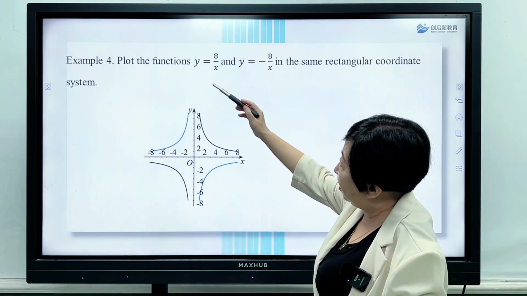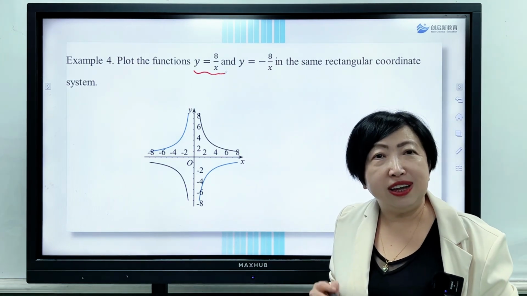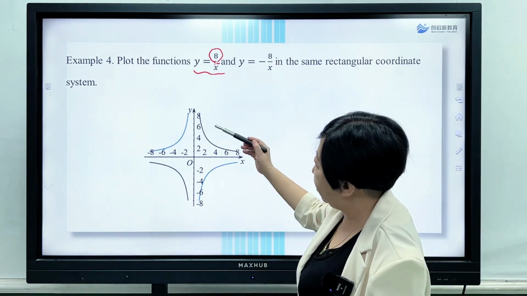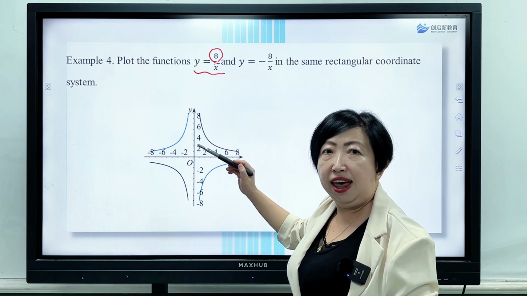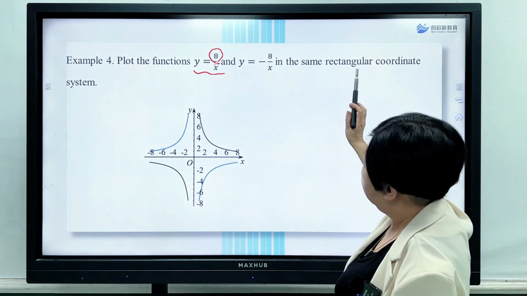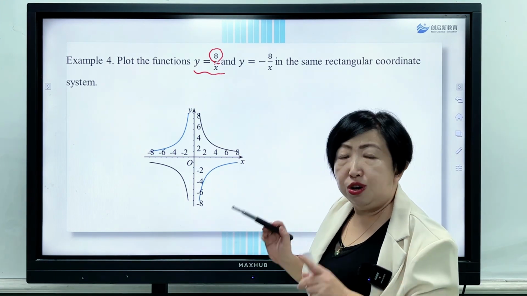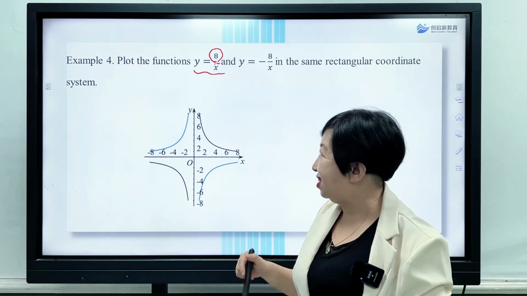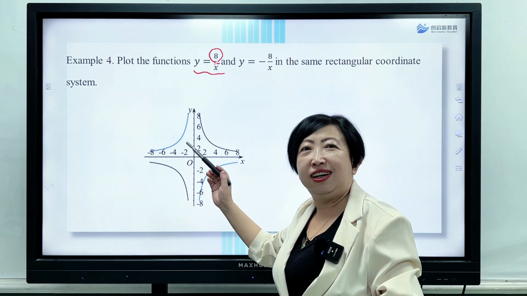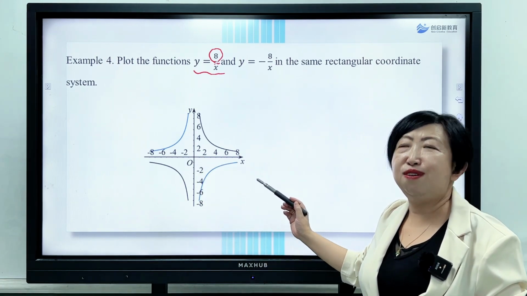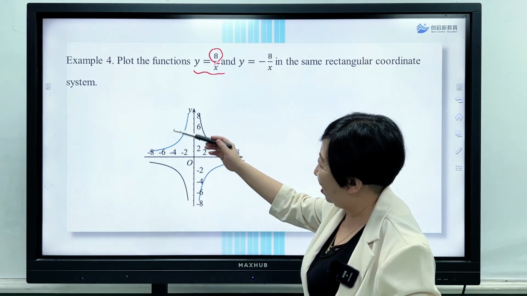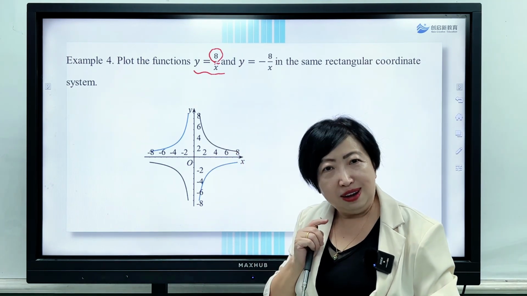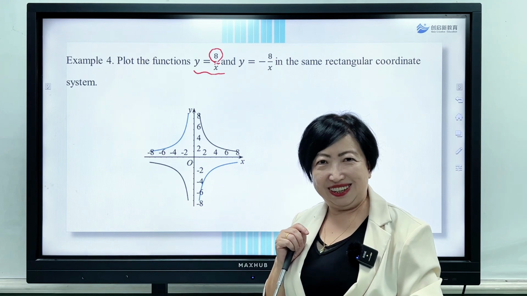When k is 8, k is greater than 0, so it is in the first and the third quadrants. If k equals -8, it's less than 0, so it's in the second and the fourth quadrants. Here are the steps of the inverse proportional function.